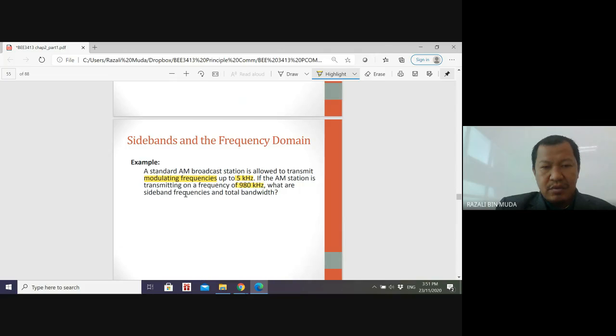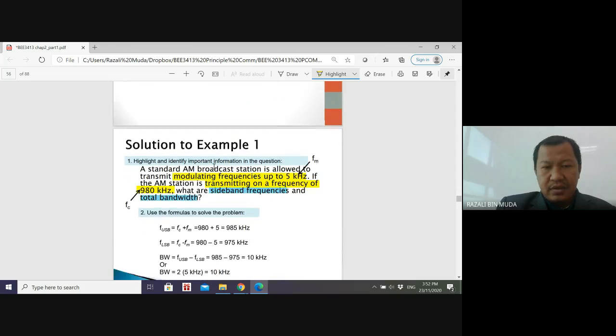What are the sideband frequencies and total bandwidth? The sideband frequencies, of course, are FC plus FM and FC minus FM. So what is the bandwidth? Bandwidth is 2 FM, 10 kilohertz.